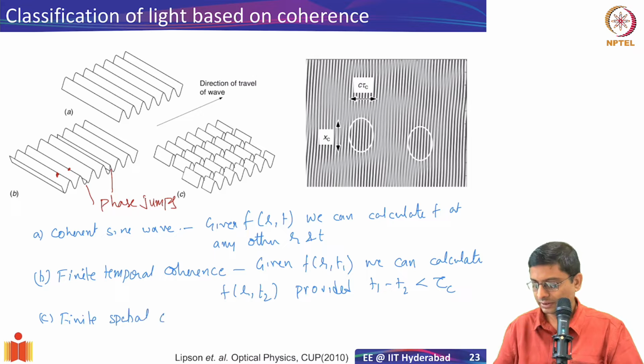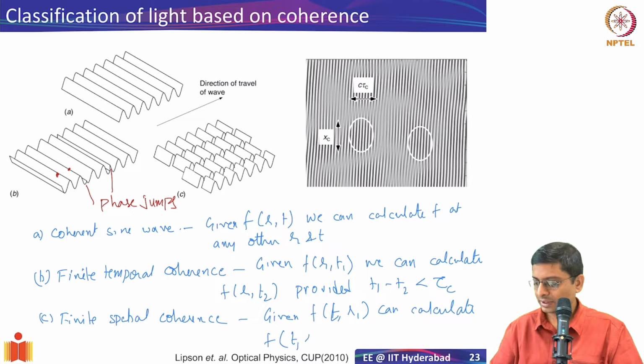In this case, if I am given a wave at a particular time, given f of t comma r1, at a particular point I know this wave, then we can calculate f at the same time but at a different point r2, provided r1 minus r2 is less than the coherence length.